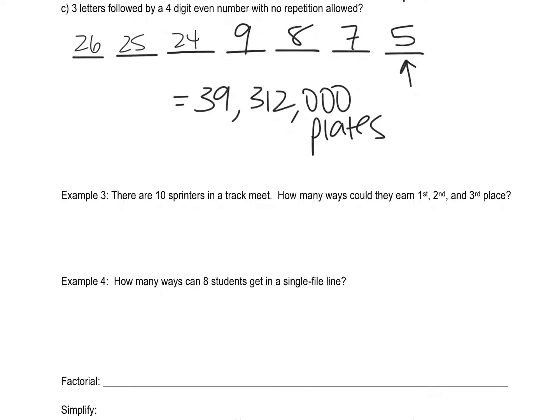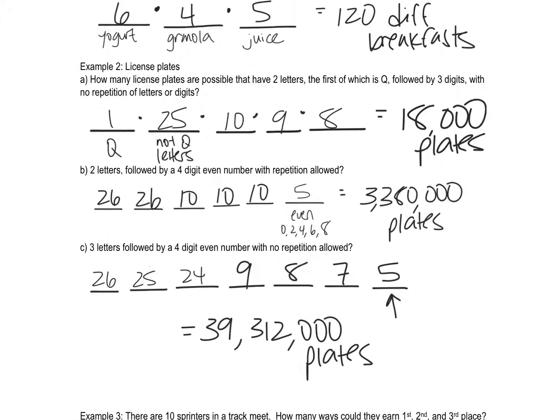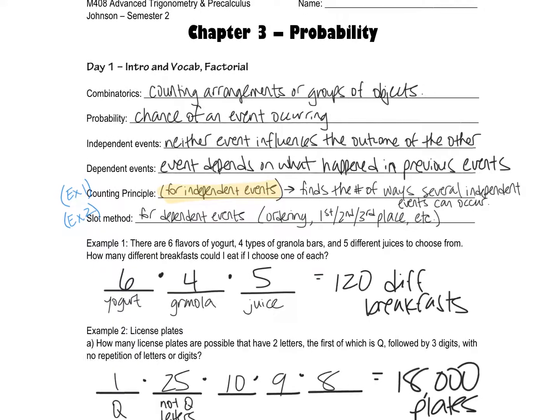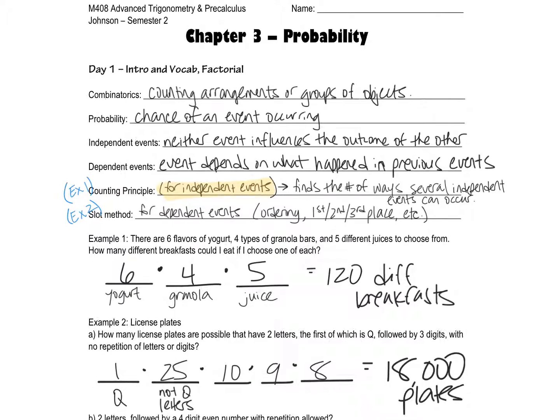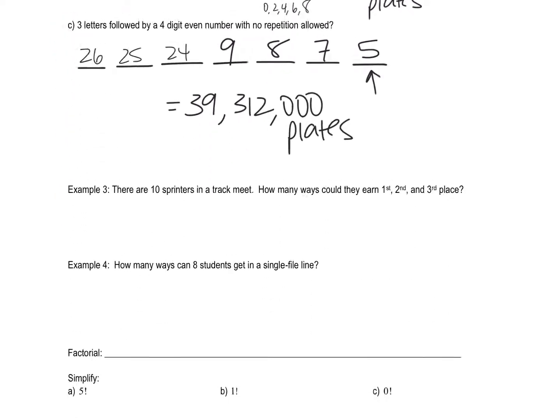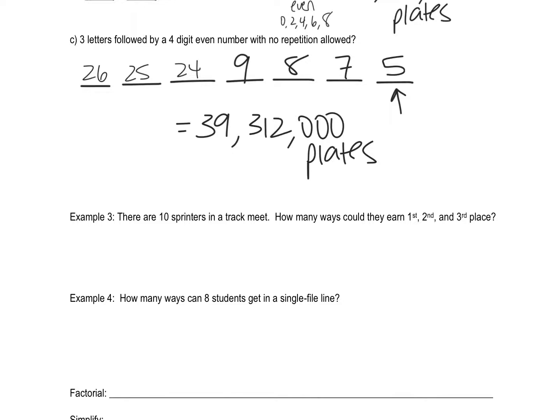There's 10 sprinters in a track meet. How many ways can they earn first, second, and third? So one thing that I did put up here, hopefully you caught that, is how to tell when you are supposed to do what principle. In this case, whenever you're ordering people, that's your slot method. So I'm going to use that down here as well. How many different ways can they earn first, second, and third place?